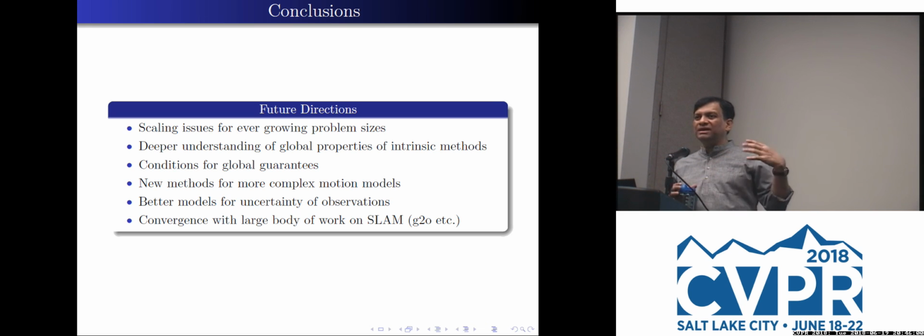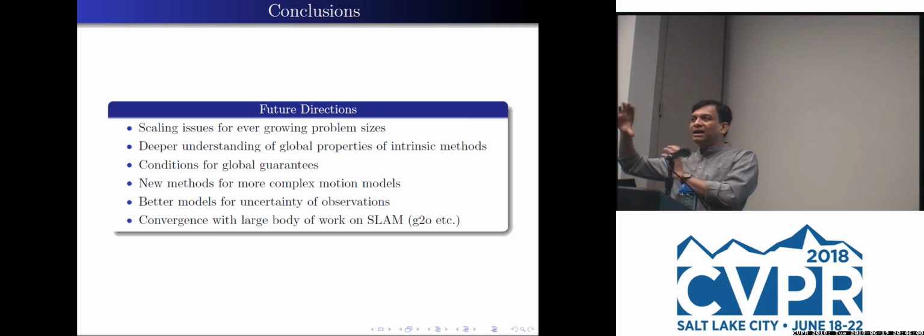Most of the things we can say are local in nature, whereas many of those semi-definite relaxation forms can give you something in terms of the optimality of the relaxed problem. So there is more interesting work that can be done in understanding the geometric properties of these representations, although I must say that they're somewhat hard.